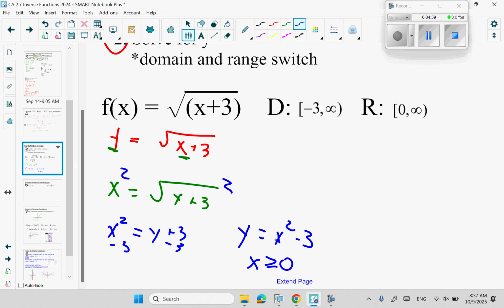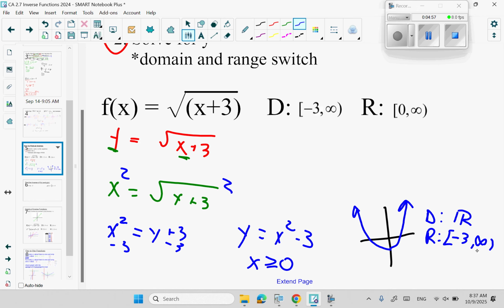Because if I were to graph this function we have right here, y equals x squared minus 3, it would look something like this. And you would say that the domain would be all real numbers, and the range would be from -3 to infinity. But I told you earlier that domains and ranges have to switch. I even put it right there.